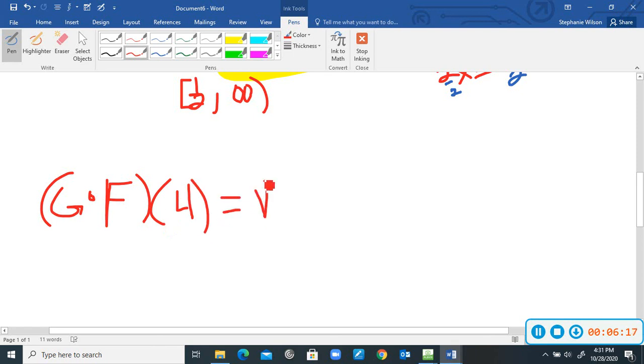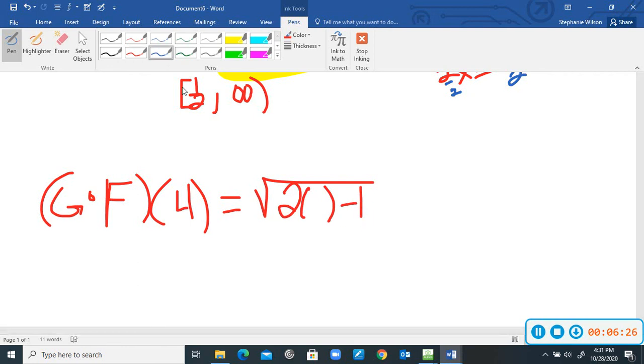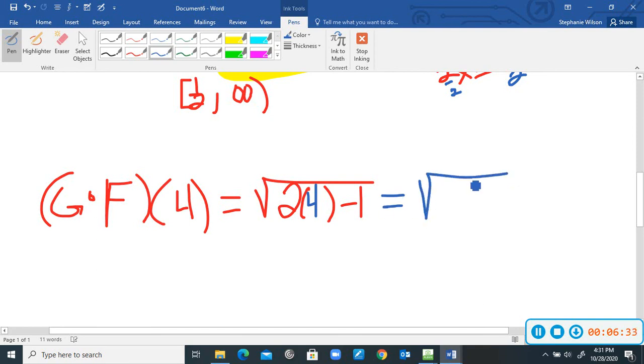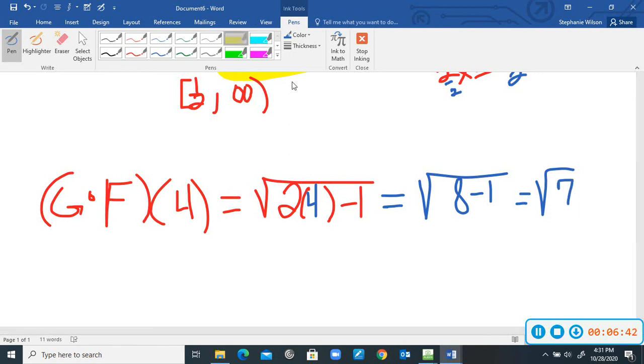So I'm going to take my square root, because that's what my g function is, plug in for x my f function, and everywhere I see x, I'm going to plug in the value that it is. So now I have 2 times 4, which is 8. 8 minus 1 is 7. So this doesn't factor out. We're actually done because this would be the exact answer. The only way we'd go further is if you were asked to round. So that would be my exact answer. Thank you.